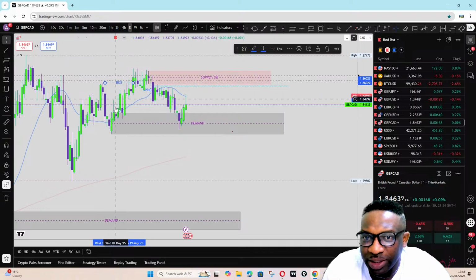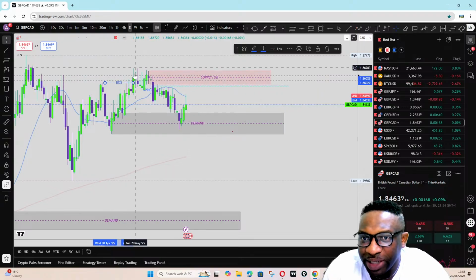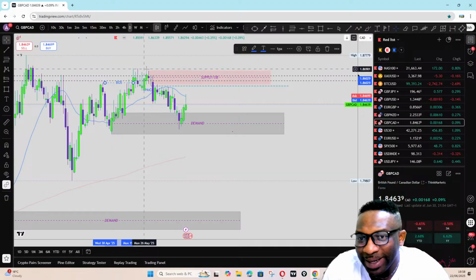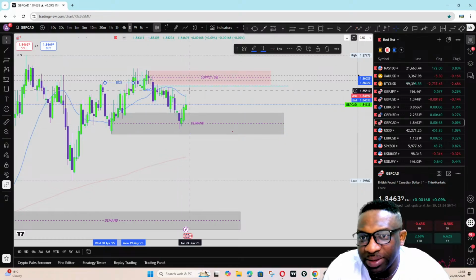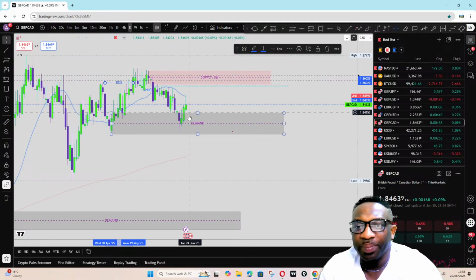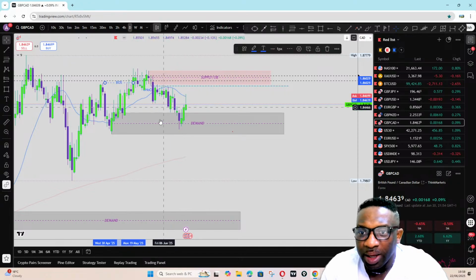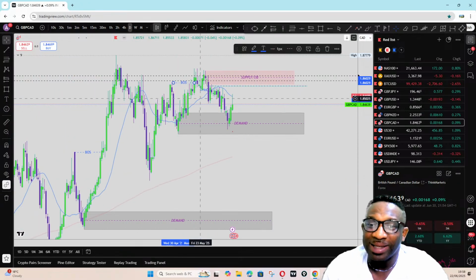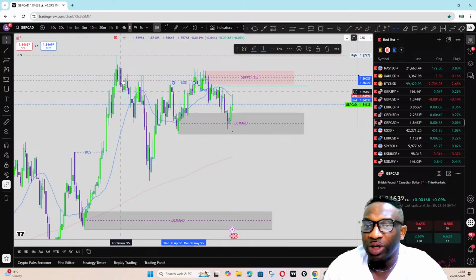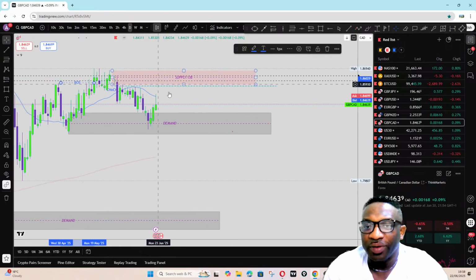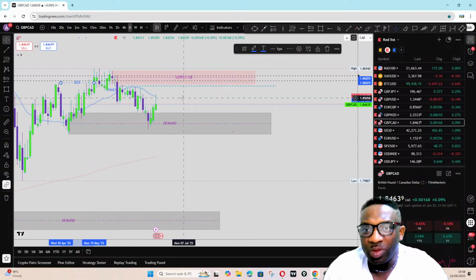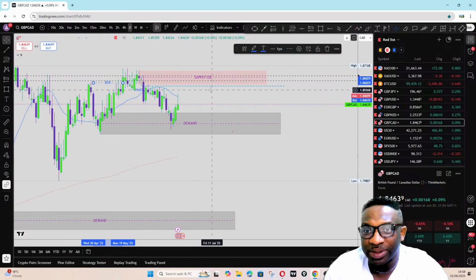After we had this break of structure, price got rejected from these levels and then came back to tap into the origin. From this point on, it's kind of pushing up. Looking at it from here, it's been on an uptrend, so it could move on from here to continue the upward movement.